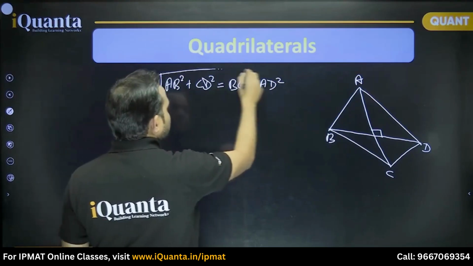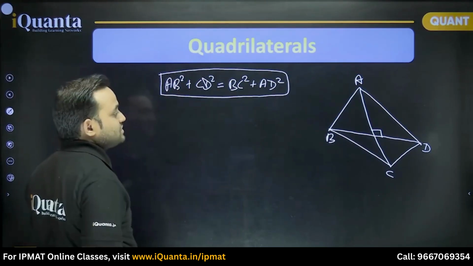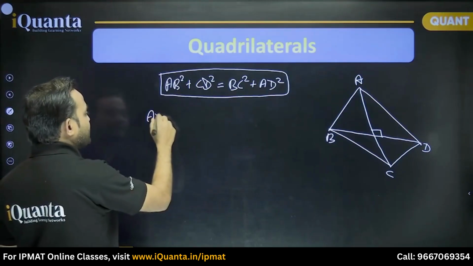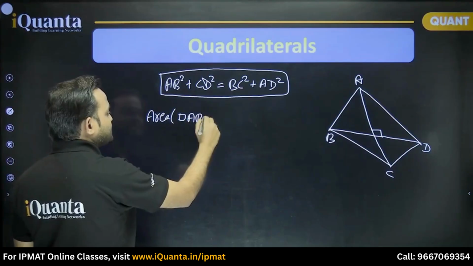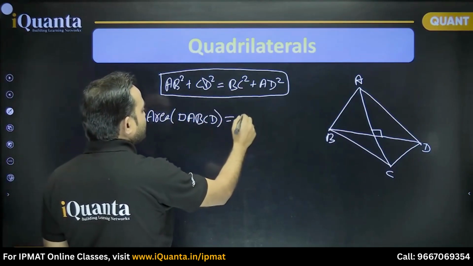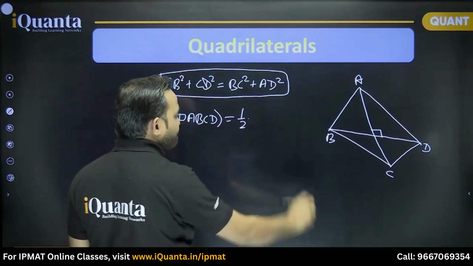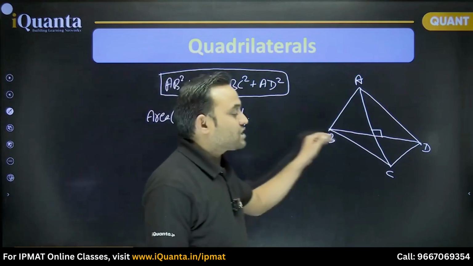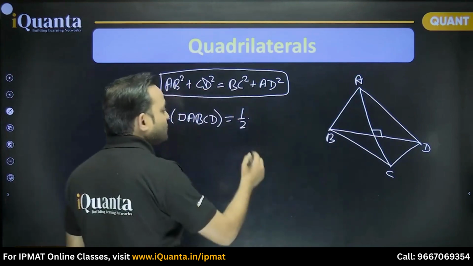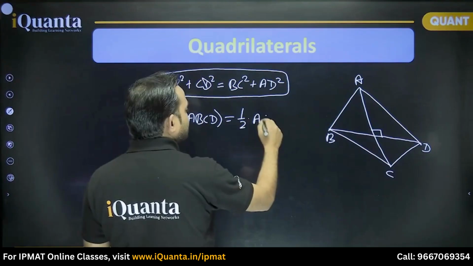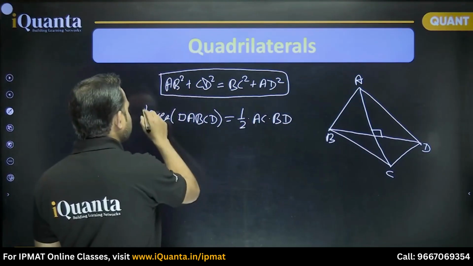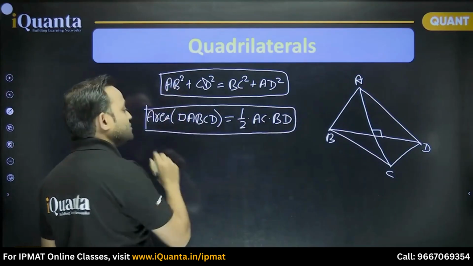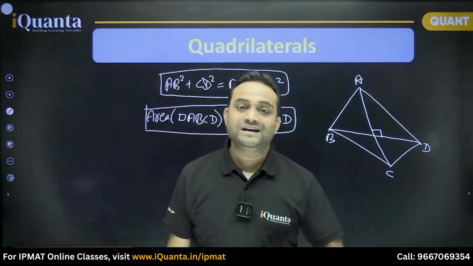Remember this one. Apart from this, the area of quadrilateral ABCD will be half of the product of the diagonals, which means AC into BD. So these are the basic concepts and formulae that you need to know regarding any quadrilateral.